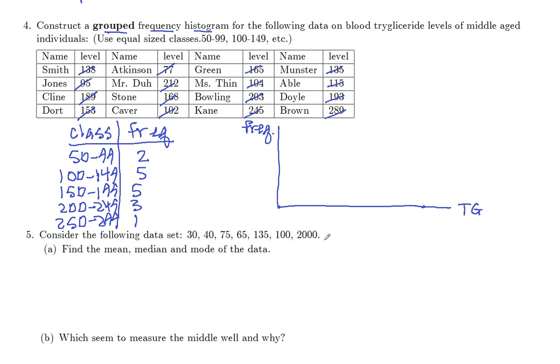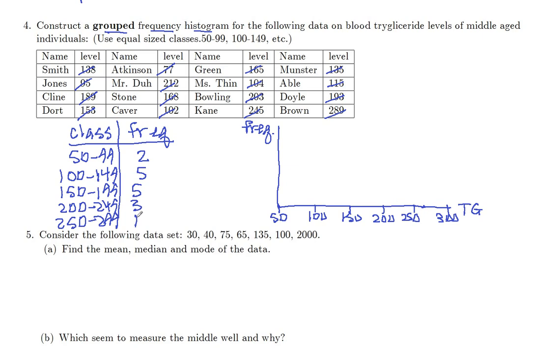Okay. So we are going to start here at 50. And then 50 to 99, the 100 is the dividing point. So we'll do 100, 150, 200, 250, and 300.